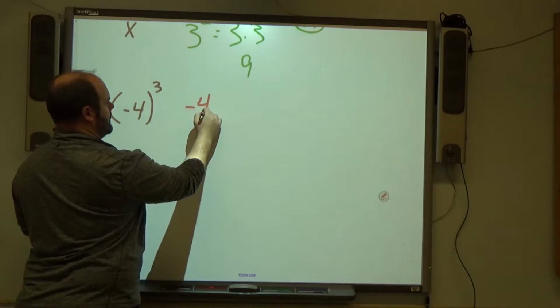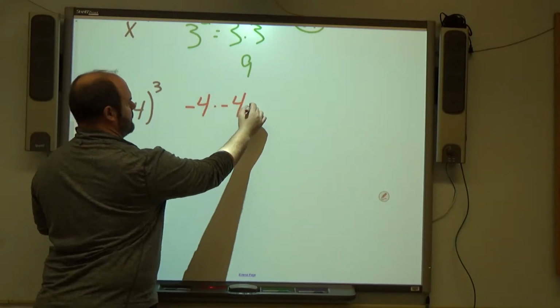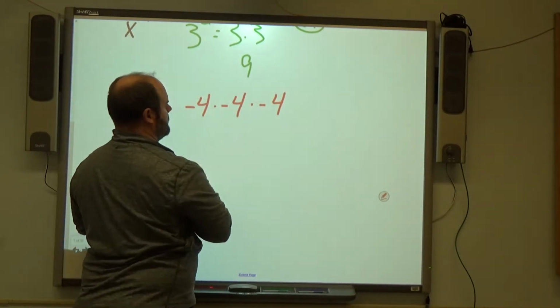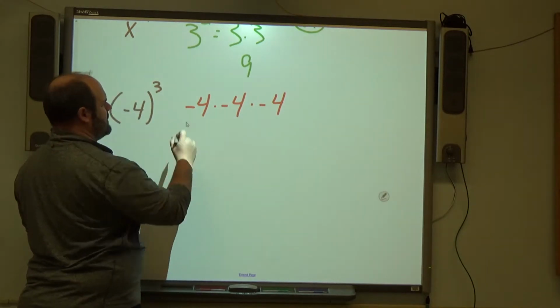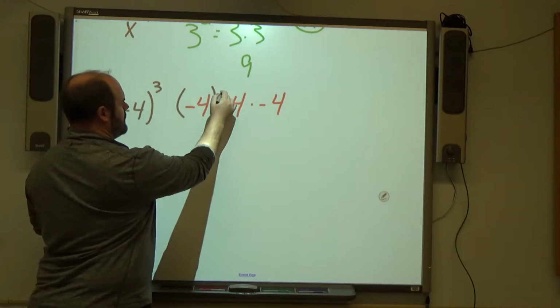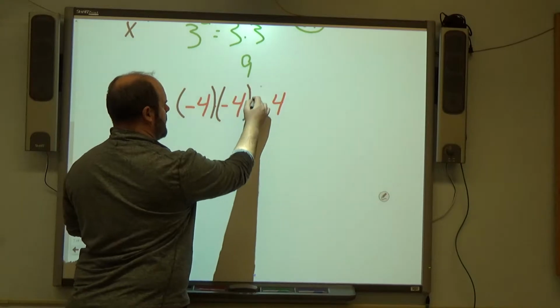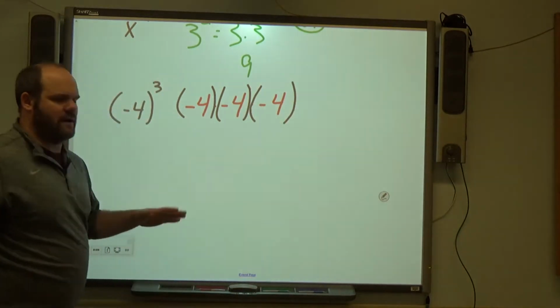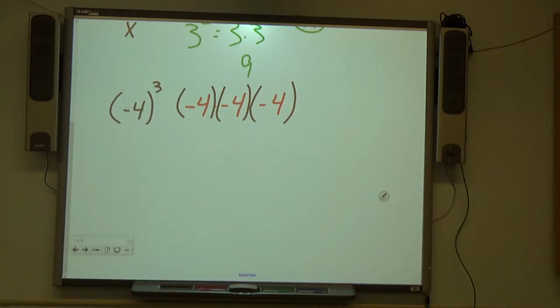So we would write negative 4 times negative 4 times negative 4. You may also see it using parentheses. And the only thing I want to tell you is we haven't gotten to positive and negative numbers yet, but just so you know that if there is a negative with the number, we have to multiply the negative with. Okay, I'm not going to finish this because we are not to that part in the textbook yet.